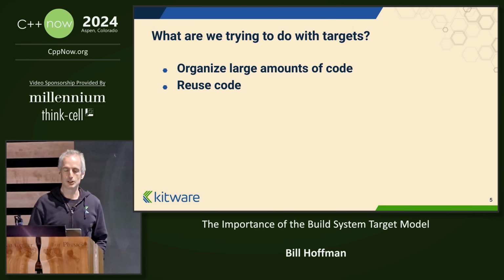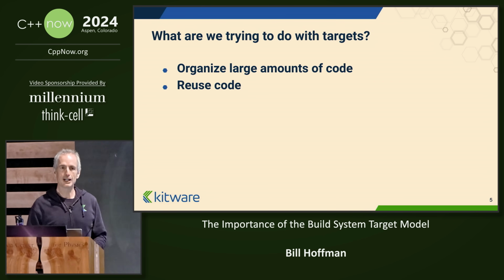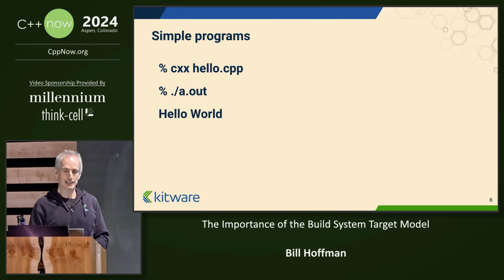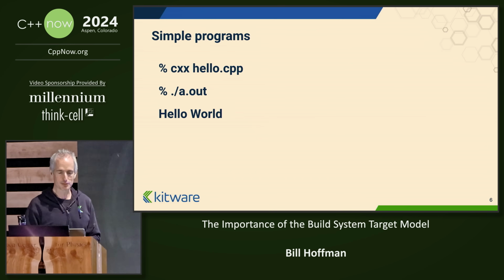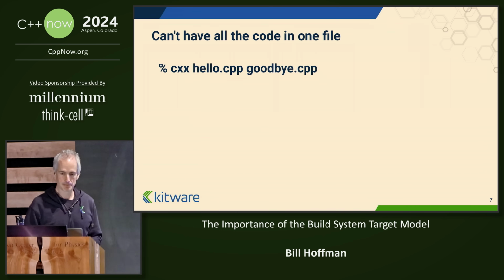So really, what are we trying to do with targets? Stepping back a few steps, we're trying to organize large amounts of code, and we're trying to reuse that code. Sort of the name of the game here. So, in the beginning, there were simple programs, and you could put them all in one file, and you could just run the C++ compiler on that file and execute it, and it would do what you wanted it to do.